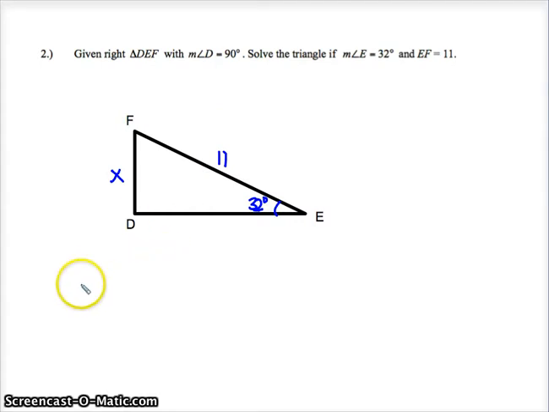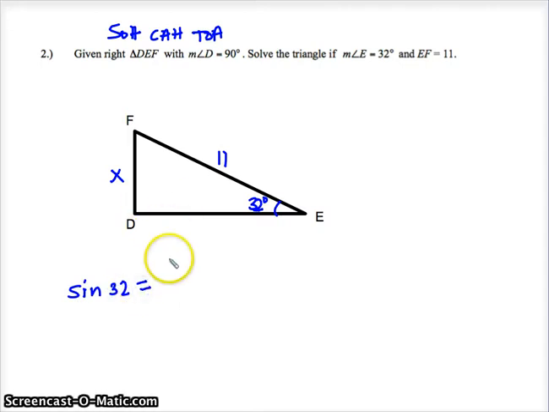Opposite and hypotenuse tells me I'm working with sine. Again, that's coming from SOH CAH TOA. Okay, opposite and hypotenuse is sine. So this is the sine of 32 is equal to the opposite over the hypotenuse.